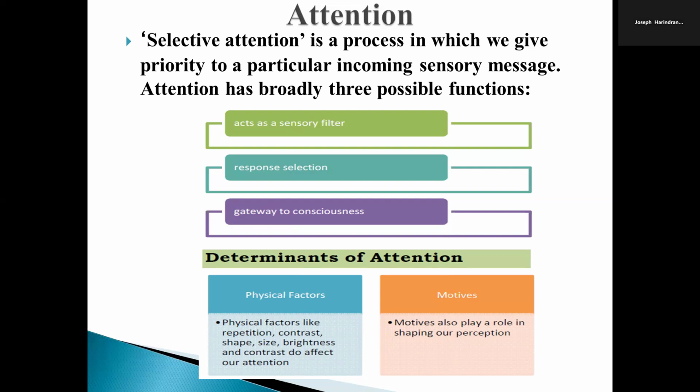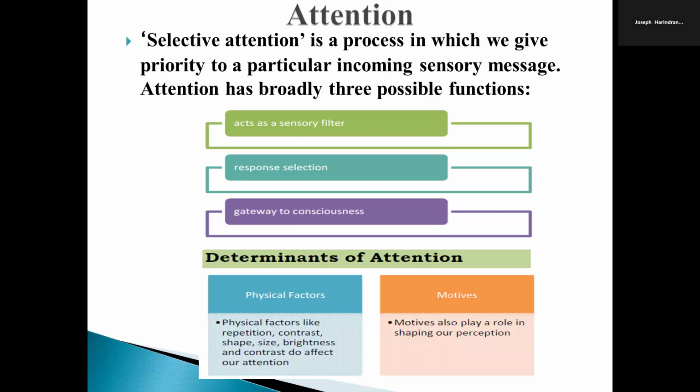So attention means we give priority to a particular incoming sensory message and focus on that. It is also response selection: we select a particular response. And it is a gateway to consciousness. These three functions take place during attention.